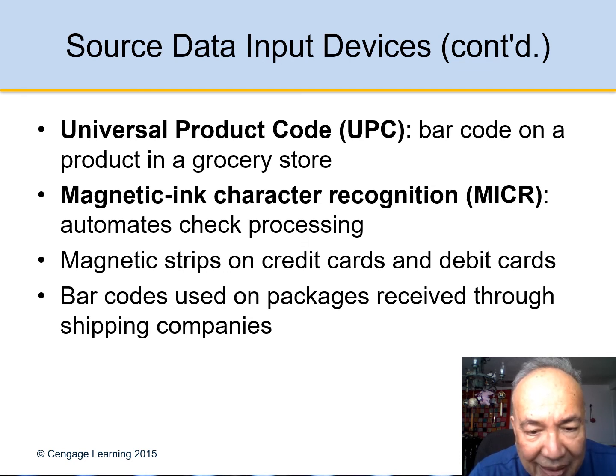And then you have magnetic ink character recognition, and magnetic strips on credit cards. Also, barcodes on packages received through shipping companies. So these are the sources of data for the input devices that we just talked about.